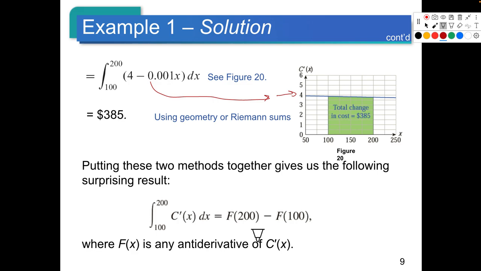So this is basically what we're going to do. We start off with every problem having a derivative. It's a marginal something, it's a rate. We're going to integrate it or get the antiderivative, mostly by adding 1 to the exponent and dividing by that.